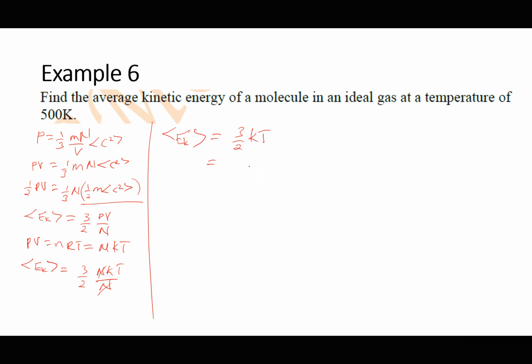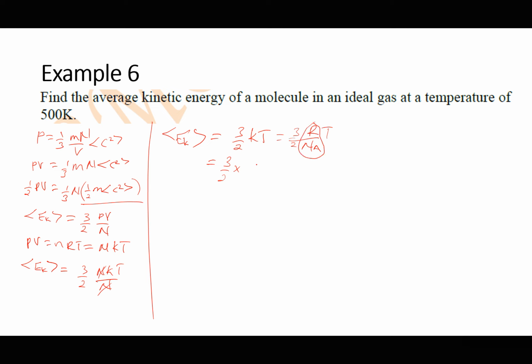We want to find the average kinetic energy of a molecule in an ideal gas at this temperature. So we simply substitute. This will be 3 over 2 times k. Remember, k is Boltzmann's constant, but k is R over Avogadro's number. So this could also be 3 over 2 times R over Avogadro's number, then times the temperature T. However, if you know k, you can also substitute k because k is 1.38 times 10 power negative 23.